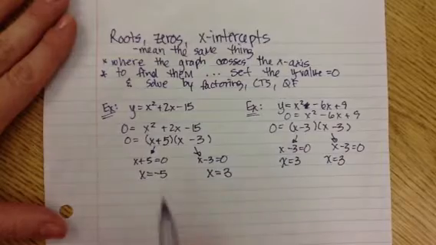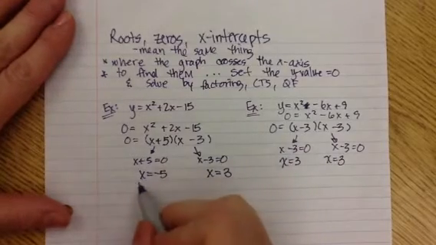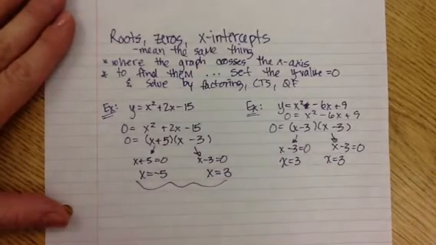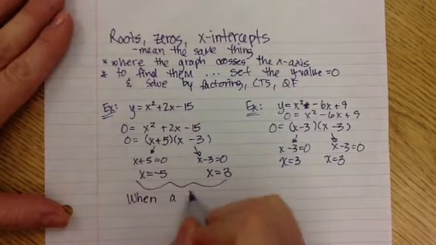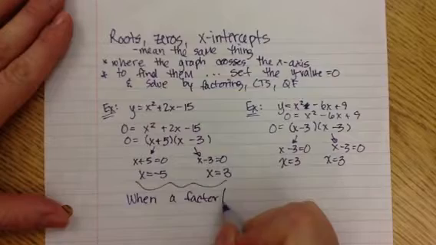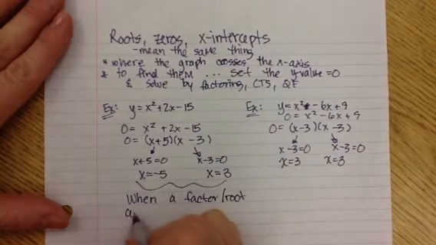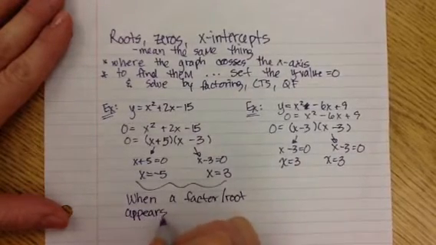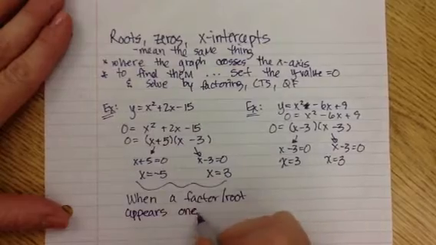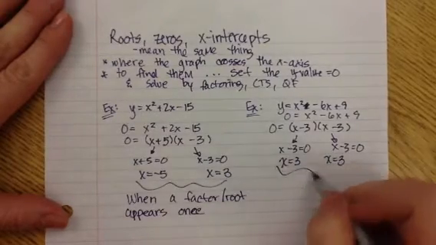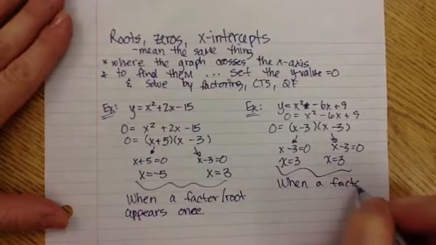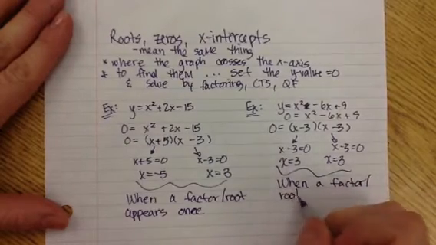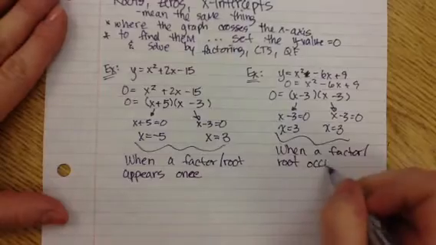So I want to look at these two graphs on our graphing calculator, and I want us to observe what happens when a factor or root appears once in our factoring, and what happens when a factor or root occurs twice.